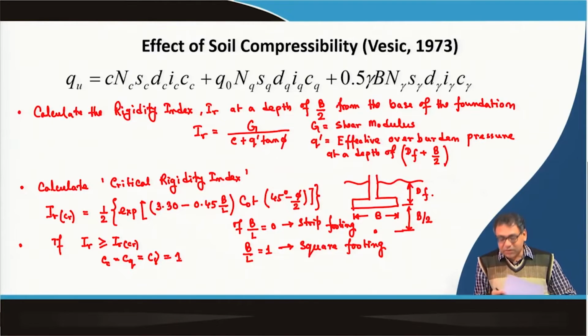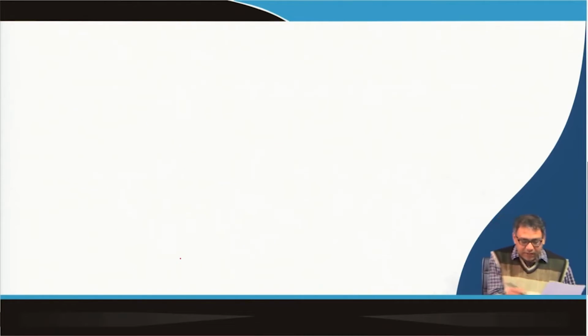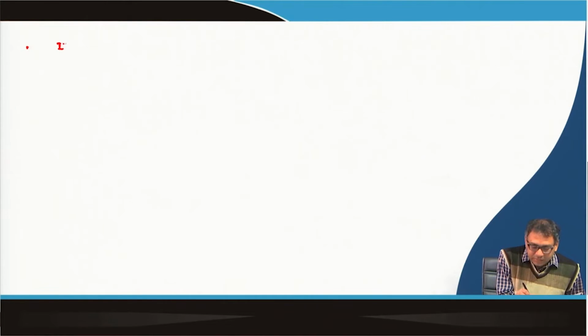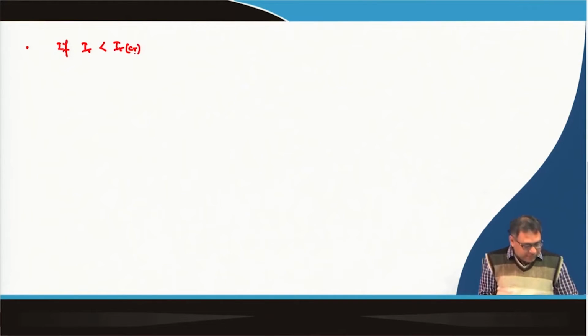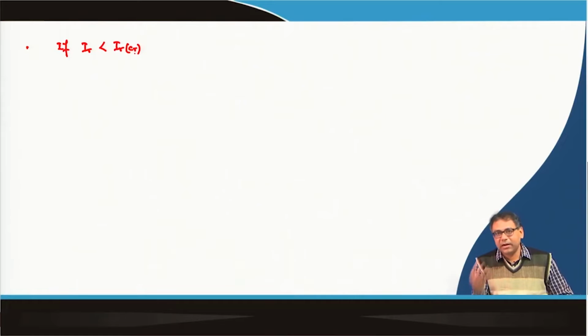But if your IR is less than IR critical, then we have to apply the corrections, because it may be local shear failure or in between.